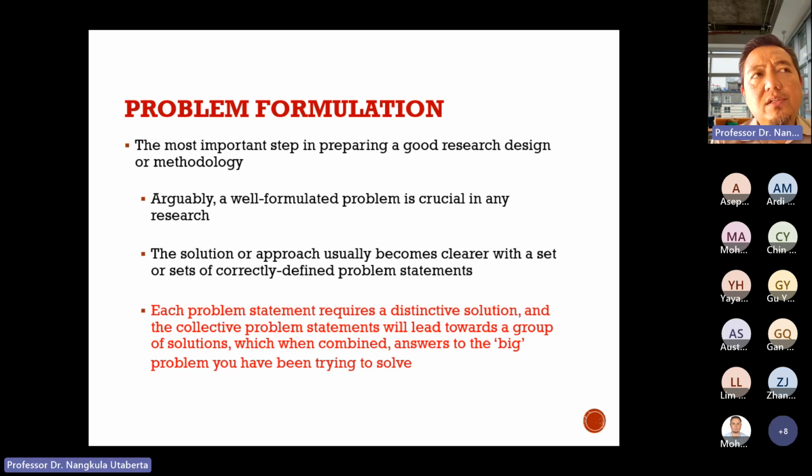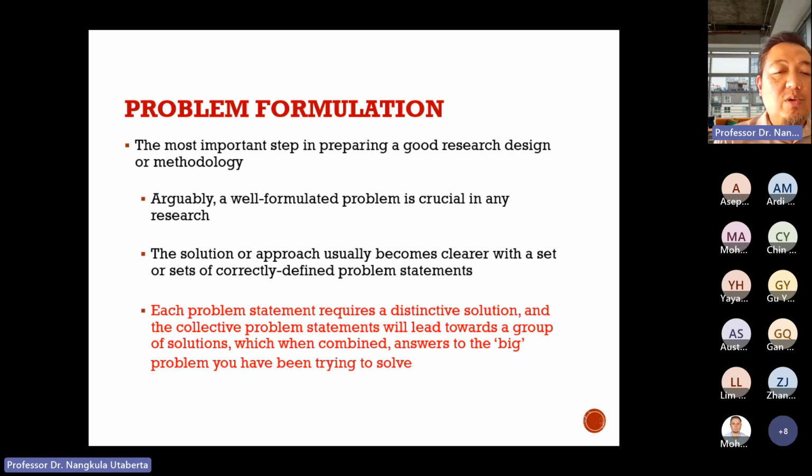Normally, in research, we are not trying to solve the problems, but we are trying to approach the problems with certain solutions, with certain recommendations. When you have already identified the issues, you have to come up with a problem statement. The problem statement is very important for you to move forward, because your objective, your methodology later on, and your scope will be defined from this problem statement.